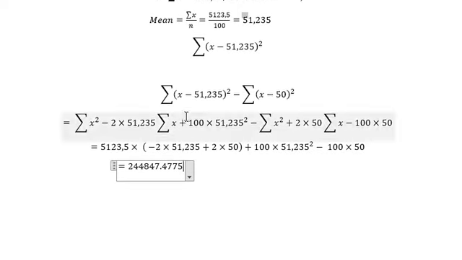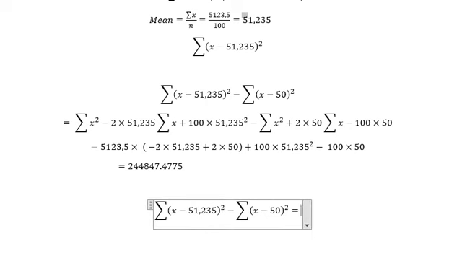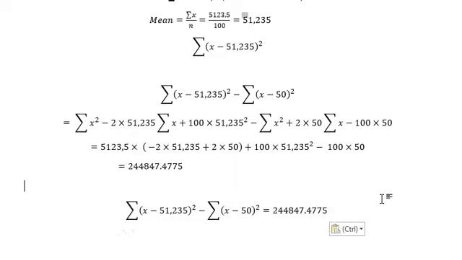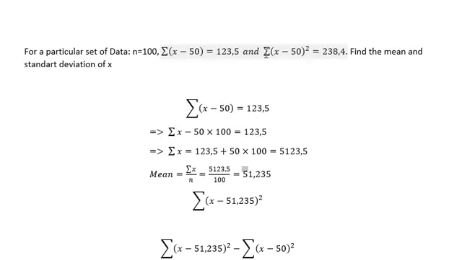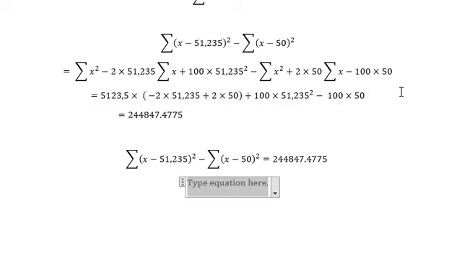And now we can simplify this one. We know that this number is 238.4, so we can find the summation of (s minus 50.235) to the power of 2.